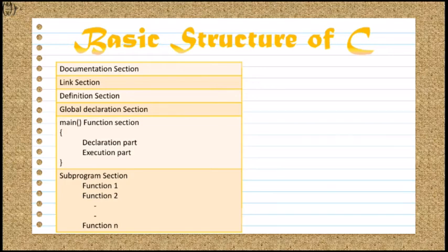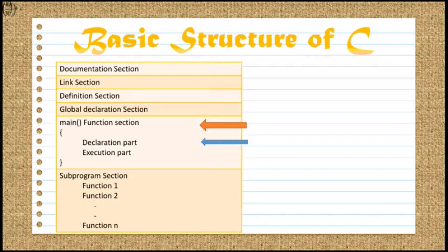Next one is main function section. Every C program must have one main function section. This section contains two parts. First one declaration part and second one execution part. The declaration part declares all the variables used in the executable part.